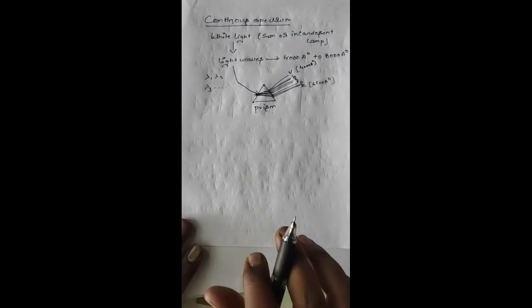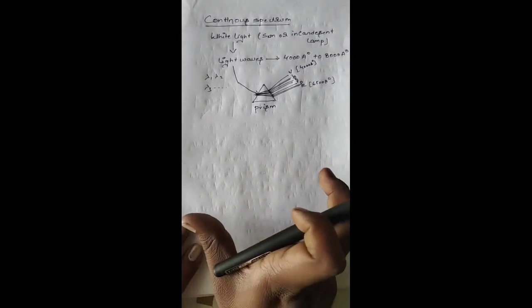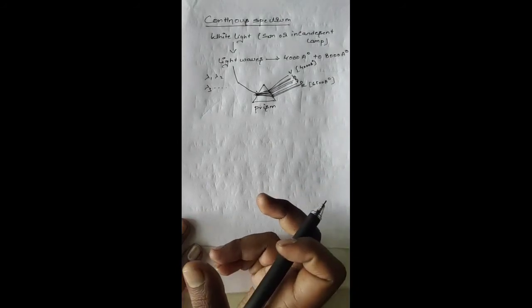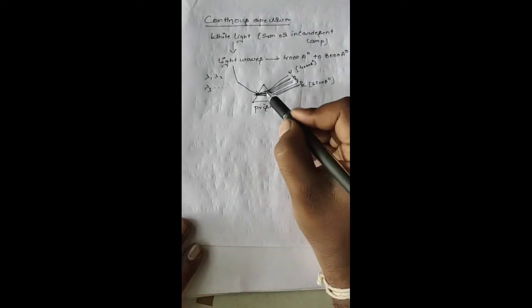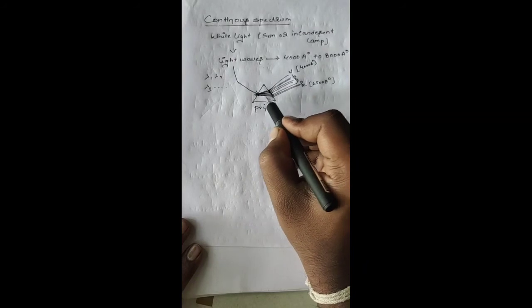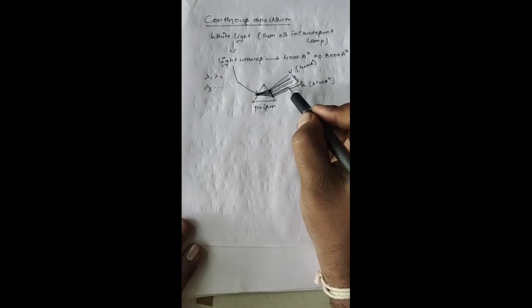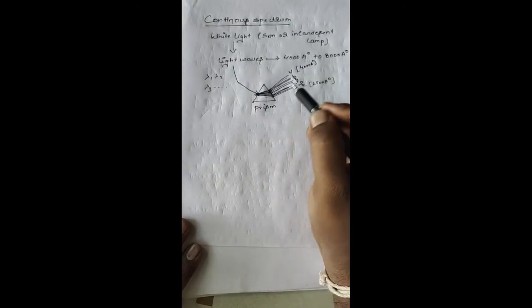This is the continuous spectrum. While writing the definition: there are a series of bands, the bands that form a continuous rainbow of color.